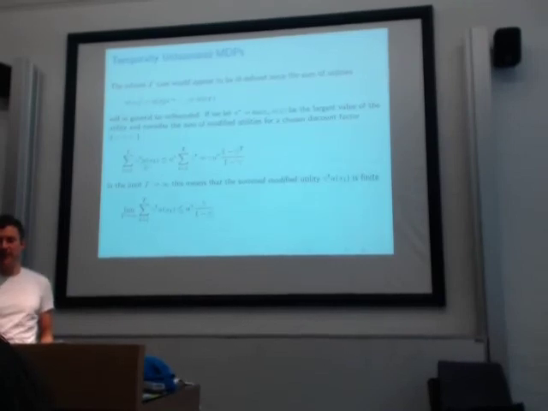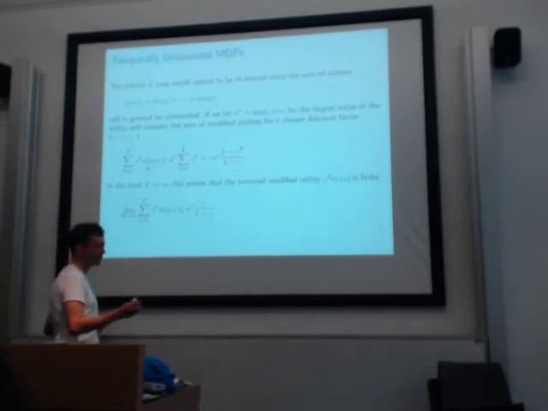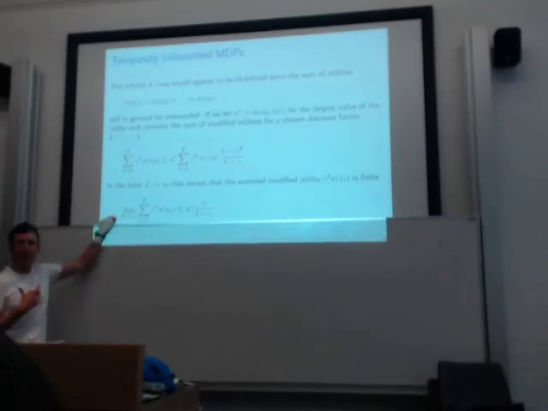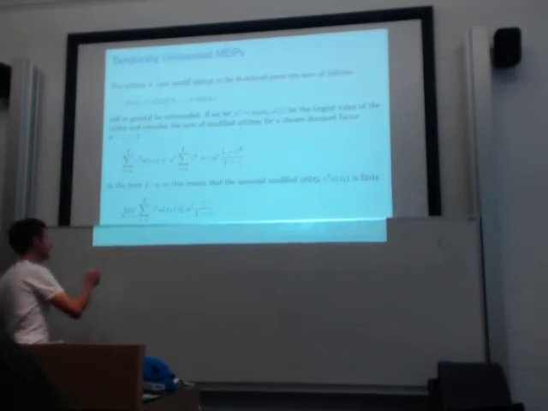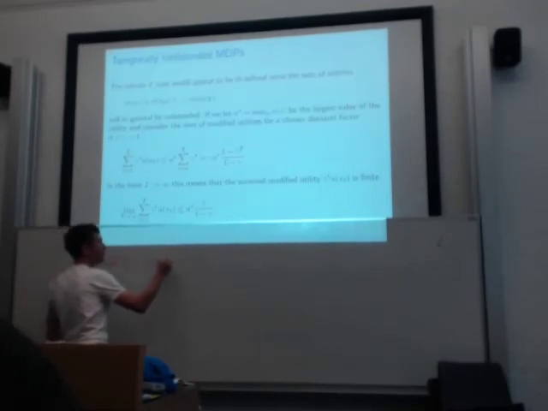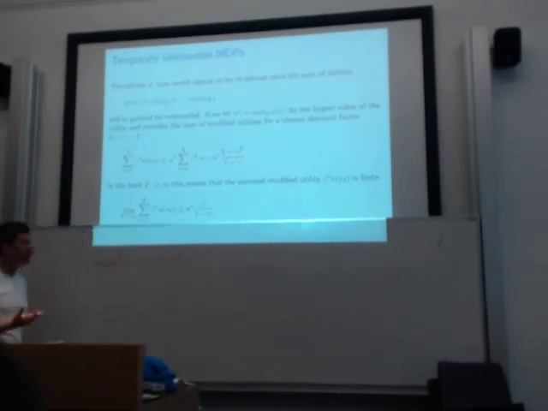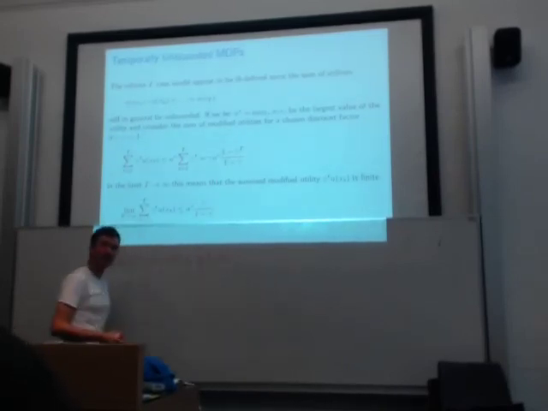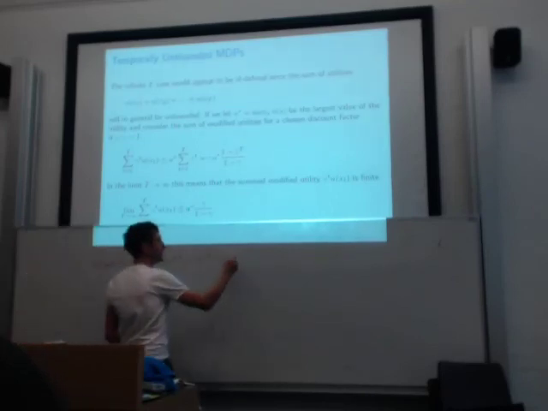So if gamma is very small, say 0.1, the utility of the whole path is much more dominated by the utility of near future events, because the utility of the path is going to be 0.1 times the utility of the first time step into the future, plus 0.1 squared times the utility of the second thing in the future, etc.